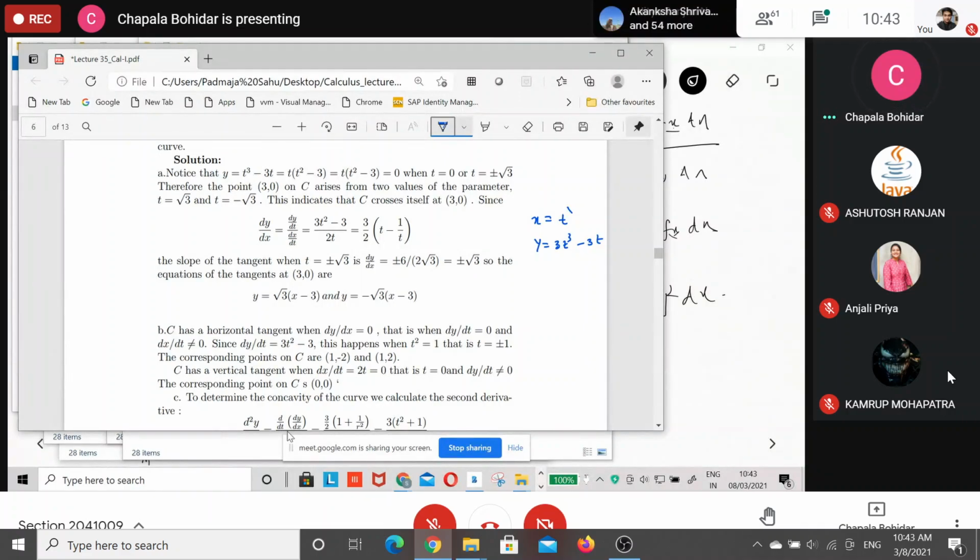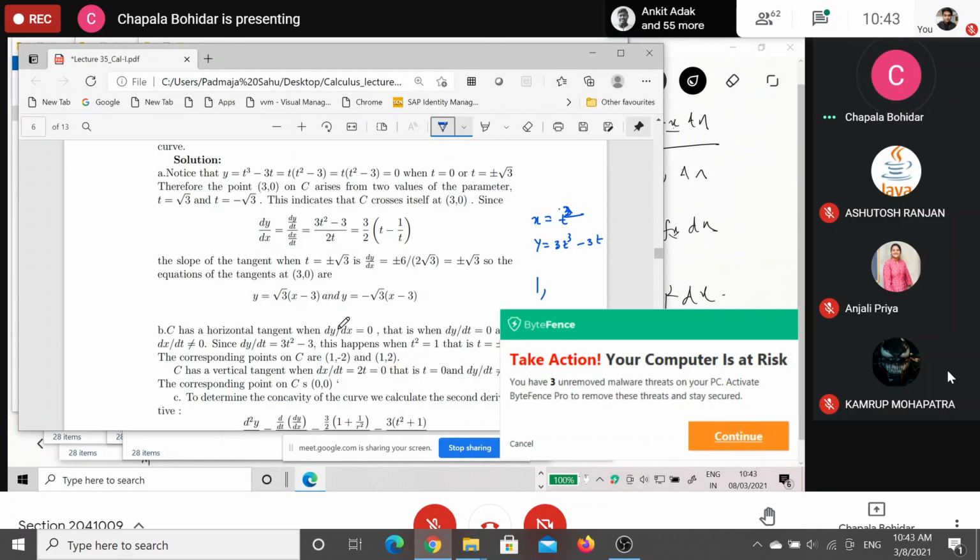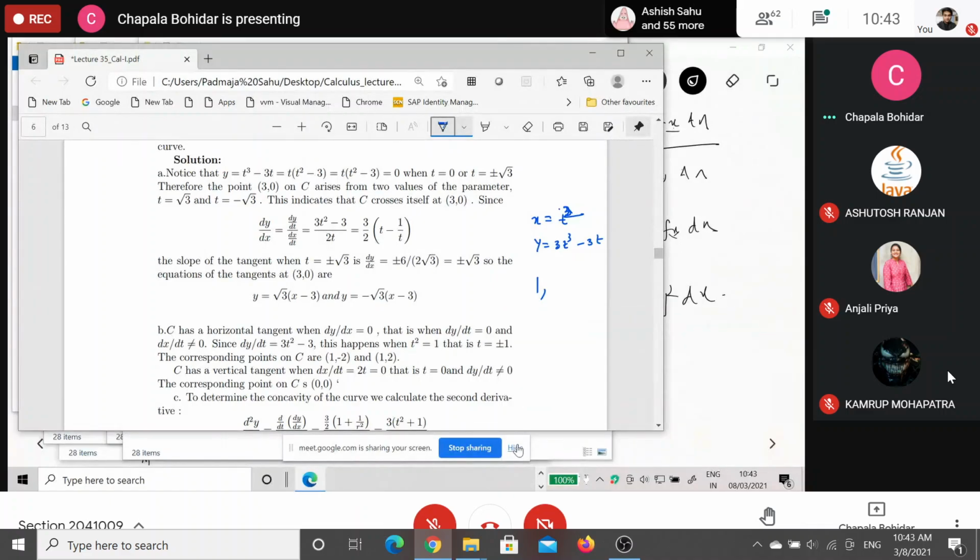For the horizontal tangent, t = ±1 gives x = 1. For t = 1, y = 1 − 3 = −2. For t = −1, y = −1 + 3 = 2.